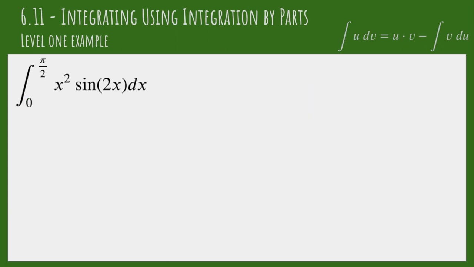Now, if we do the same thing, but it's a definite integral, we want to make sure that we do our work appropriately. And I would definitely use integration by parts. I'm sorry, I would definitely use tabular integration for this particular example.